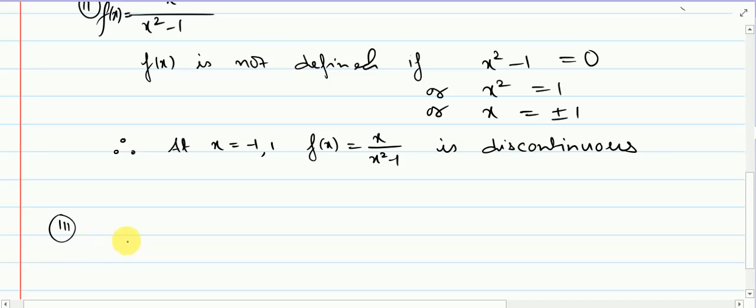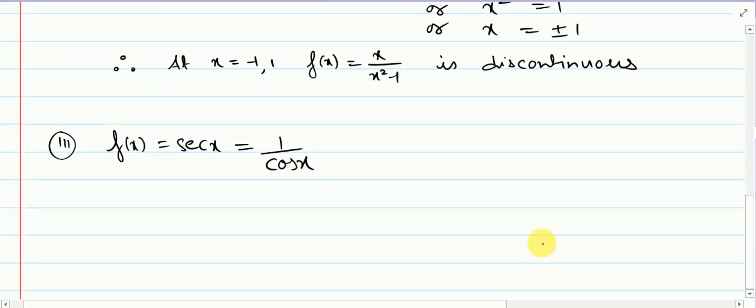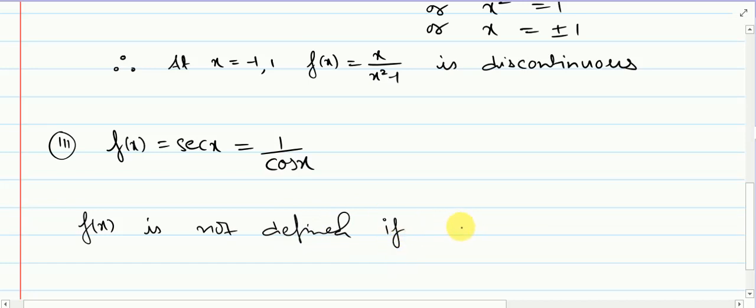Third one, the function is sec x, which can be written as 1 upon cos x. Now you can easily tell me when this function will not be defined. f of x is not defined if cos x is equal to 0.